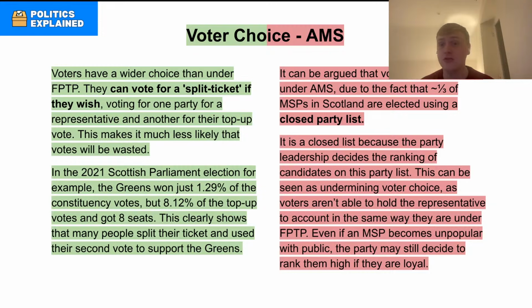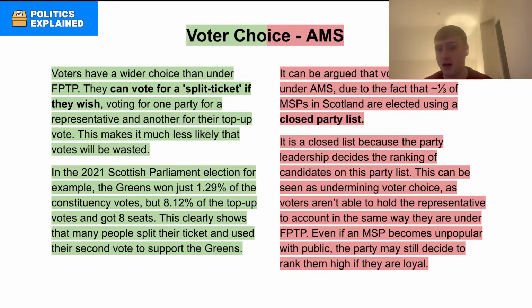On the other hand, it can be argued that voter choice is limited due to the fact that a third of MSPs in Scotland are elected using the closed party list, as we stated. And that's that party list where it's the party leadership that ranks those candidates. The vote, that second vote for the party, you don't choose who the candidate is, you just choose the party. And this can be seen as undermining voter choice, as voters aren't able to hold the representative to account.